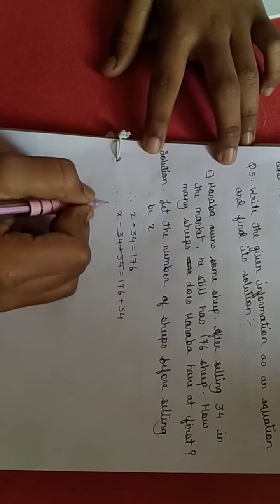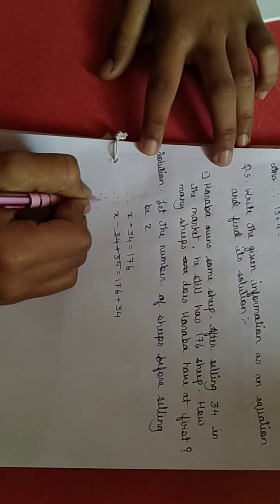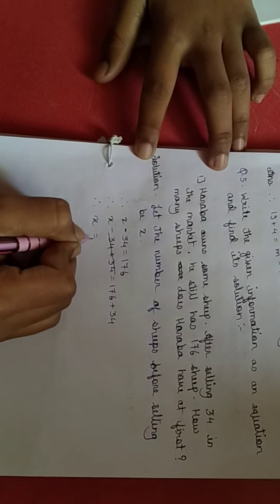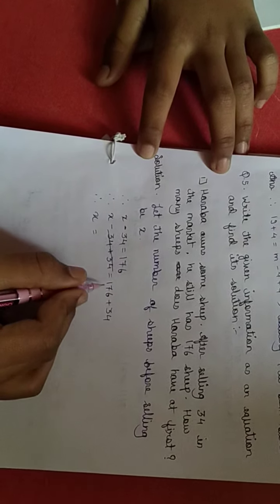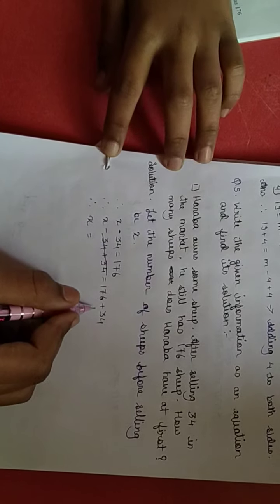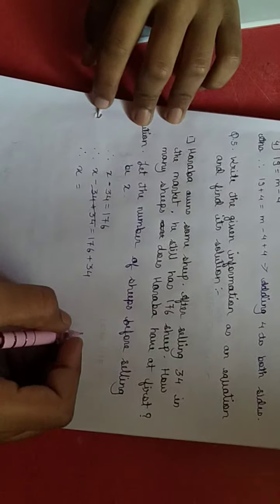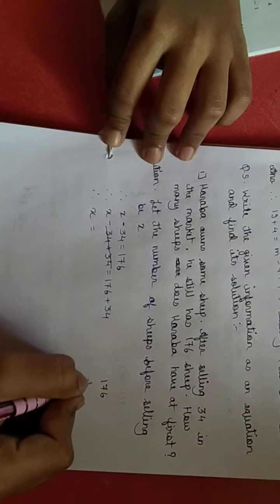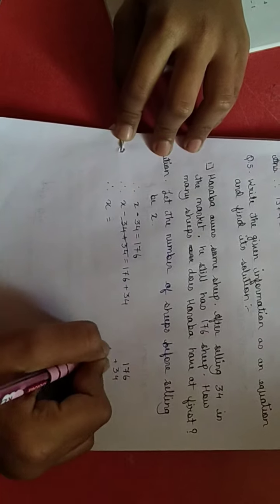So these two 34s will cancel. So therefore x is equal to, by adding these two numbers, 176 plus 34.